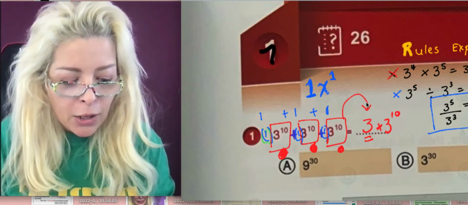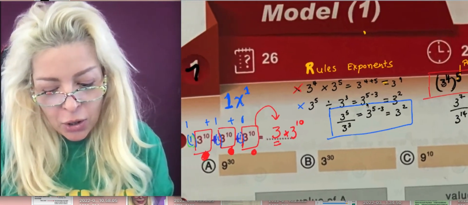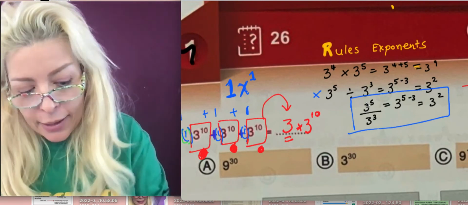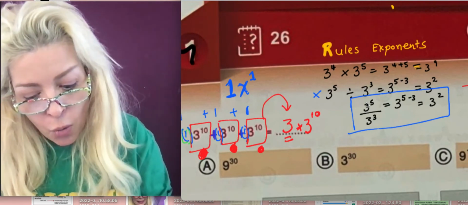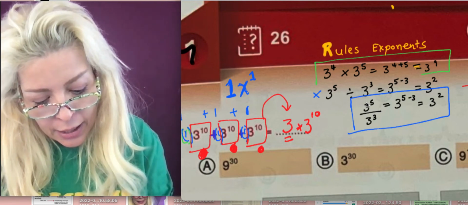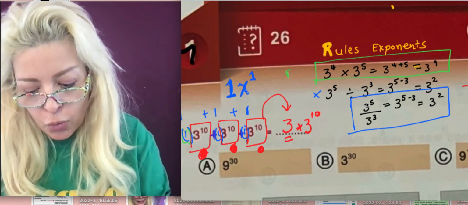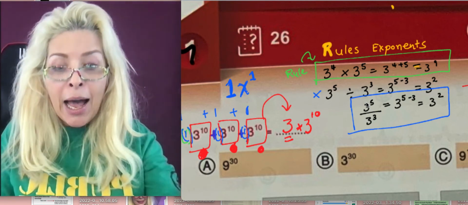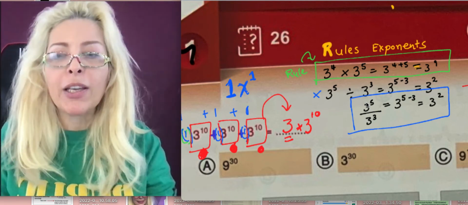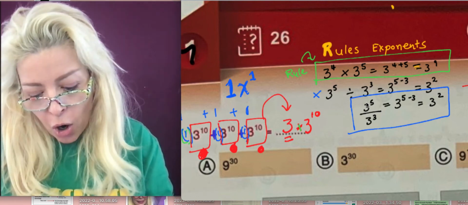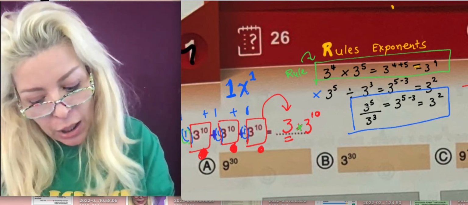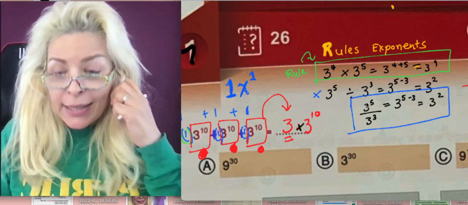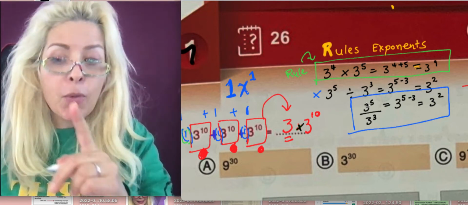Does this remind you of any of these rules here? Oh my God, you're right. I know, you can't believe it, right? It reminds me of this rule right here. Ta-da! Now we can use this rule because we are multiplying. Remember what I told you.